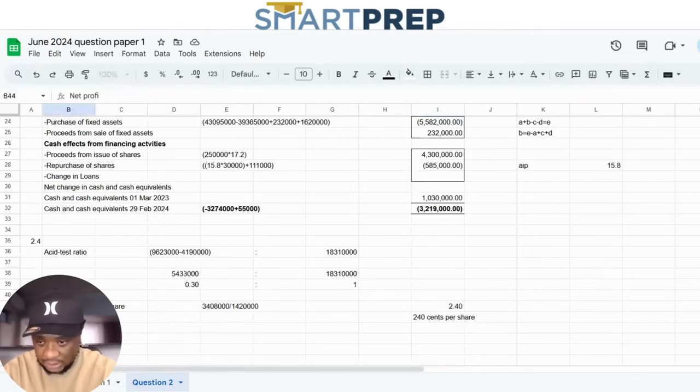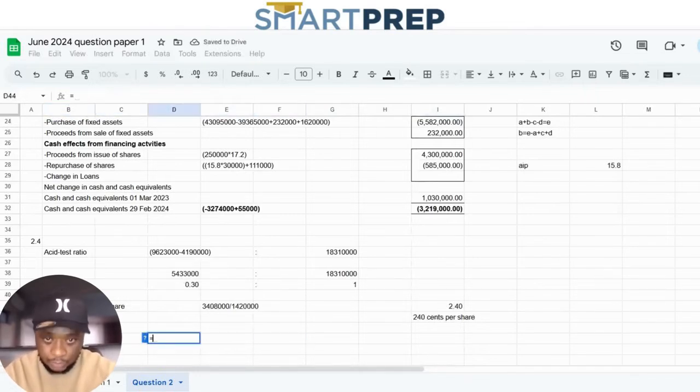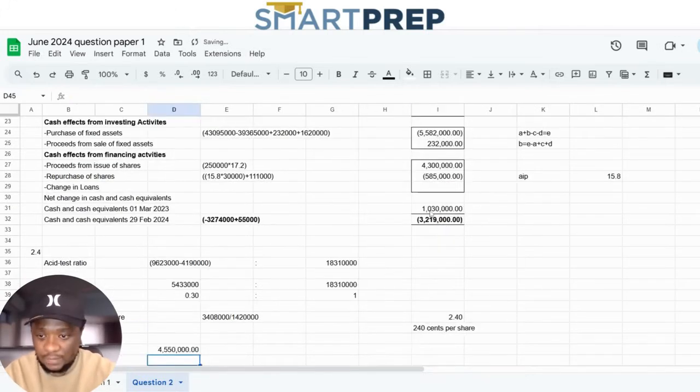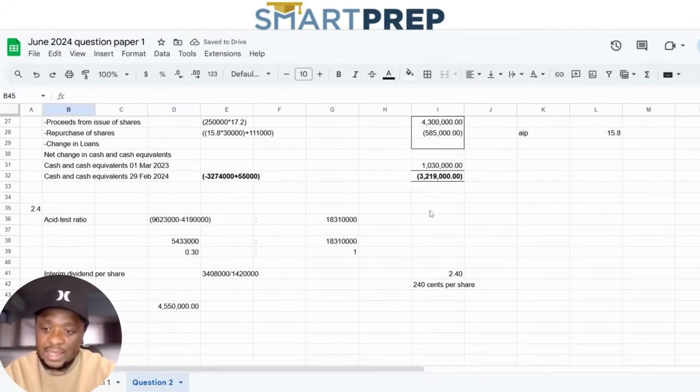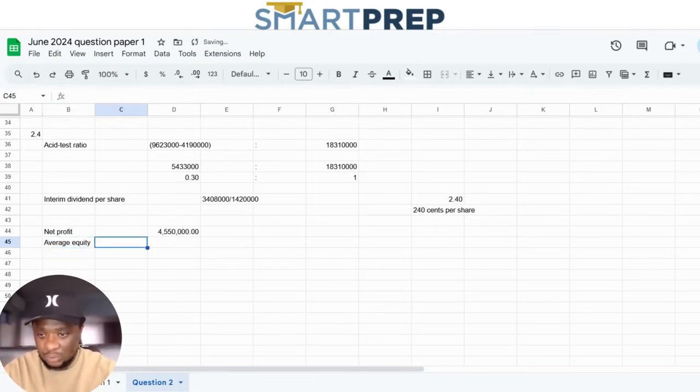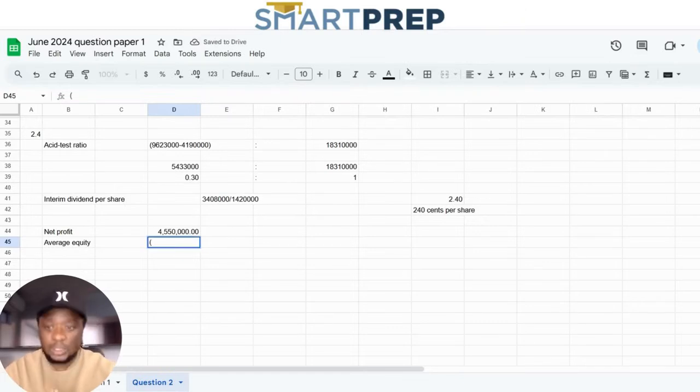The net profit, from the previous calculations, you know it's 4,550,000. And then the other thing that we do not know is the average equity. So average equity means that we're going to take our shareholders' equity at the beginning and at the end of the financial year, and then we'll multiply it by 0.5 or divide it by 2.